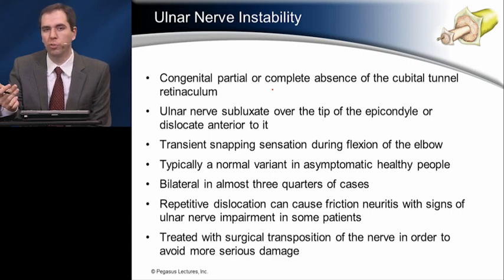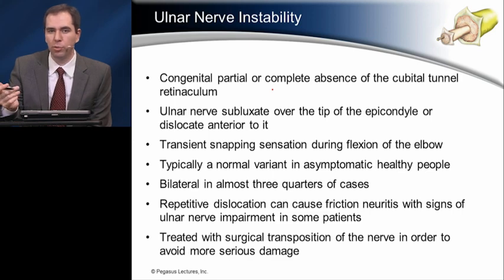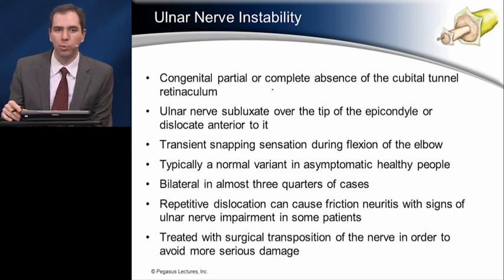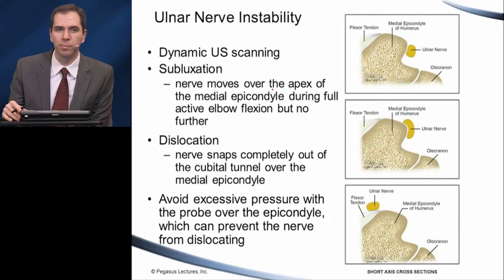The patient will report a transient snapping sensation during flexion of the elbow. In asymptomatic healthy people, this is a normal variant, and it can be bilateral in 3/4 of cases. In patients with symptoms, though, the repetitive dislocation can cause friction neuropathy. The treatment is surgical transposition of the ulnar nerve in order to avoid more serious damage.